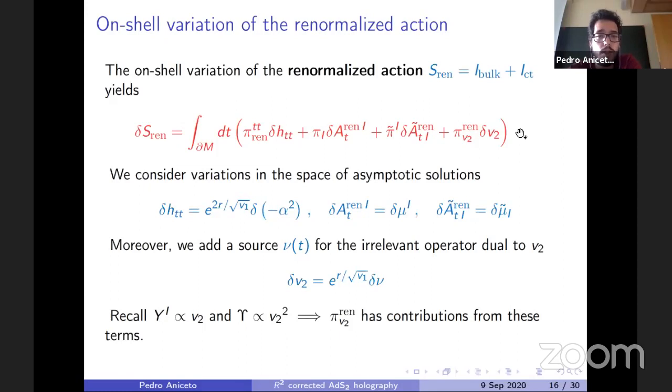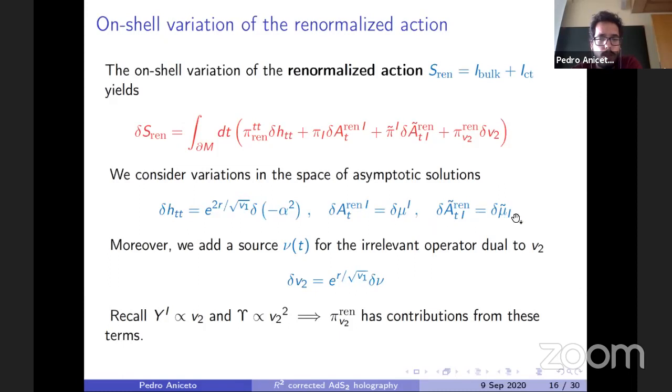Just so I'm clear, here I should also be taking the variations with respect to the other scalar fields. I just omitted them in this slide because I will not be taking sources for these fields for now.